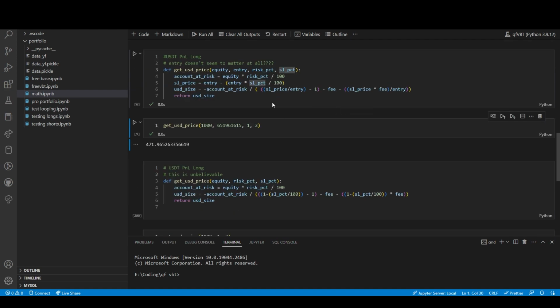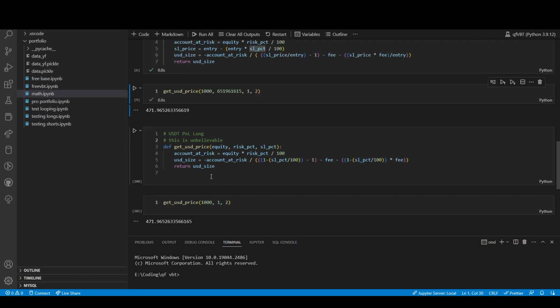And so I changed it over here, and all we need is account at risk, and then we just need 1 minus stop loss divided by 100 minus 1 minus fees, and then 1 minus stop loss divided by 100 times the fees. And now you get the size that you should use if you want to risk 1% of your account with a 2% stop loss.